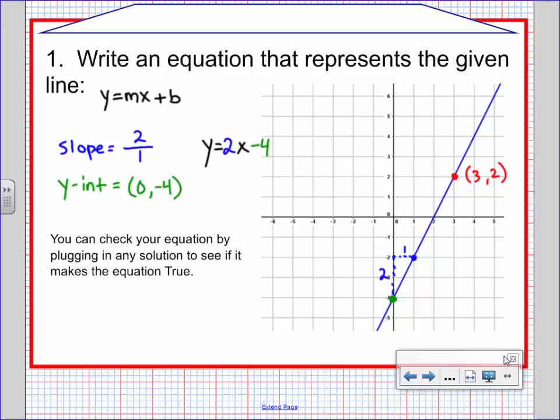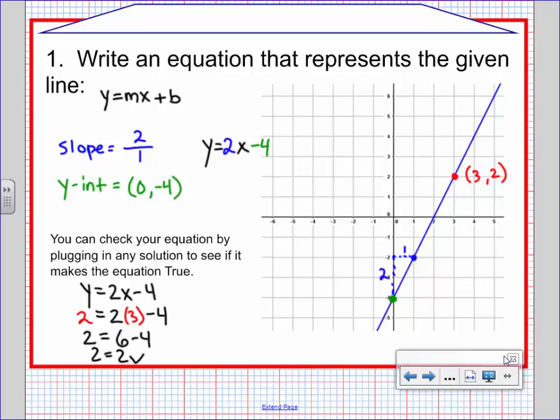So if I go to my equation, y equals 2x minus 4, and I plug 3 in for x and 2 in for y, so that would be 2 equals 2 times 3 minus 4, and I'm going to see if it's a true statement. So let's see. Well, the left stays as 2, the right becomes 6 minus 4, and we get 2 equals 2. So that checks, which means our equation must be true for this graph.